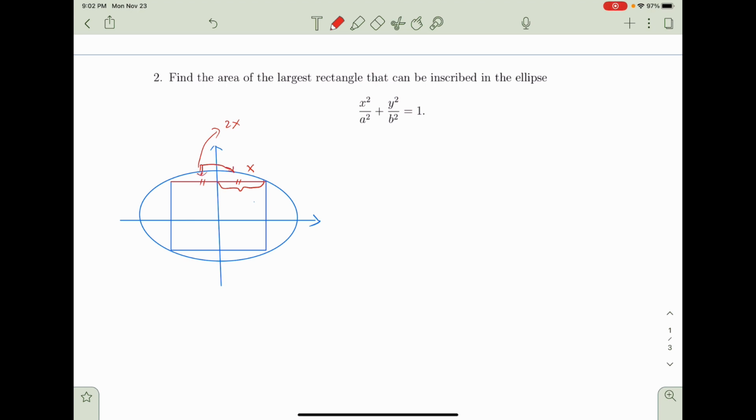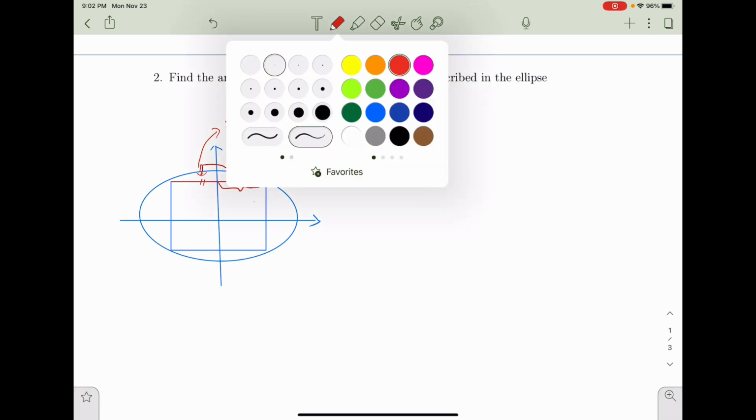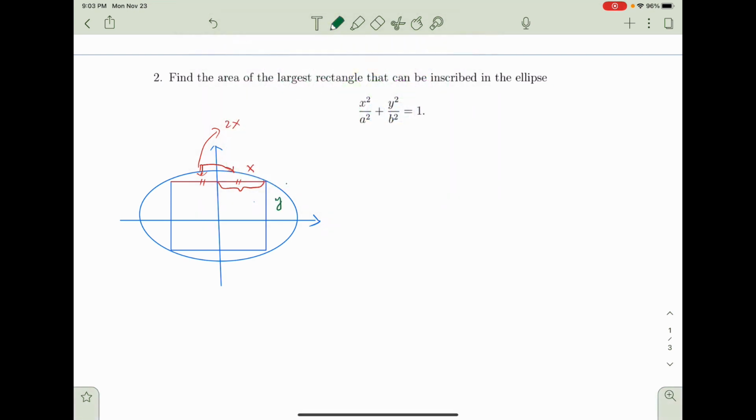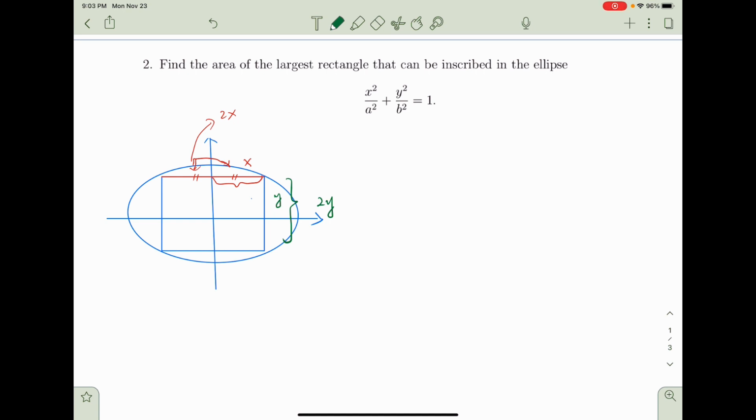Okay, and then if we assume that this is y here, then the height will be 2y, right?